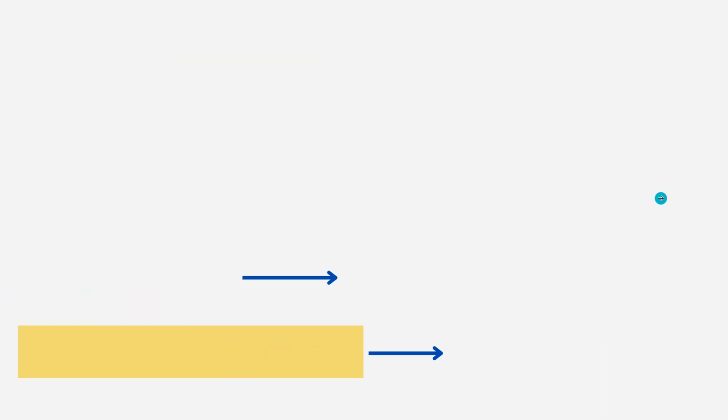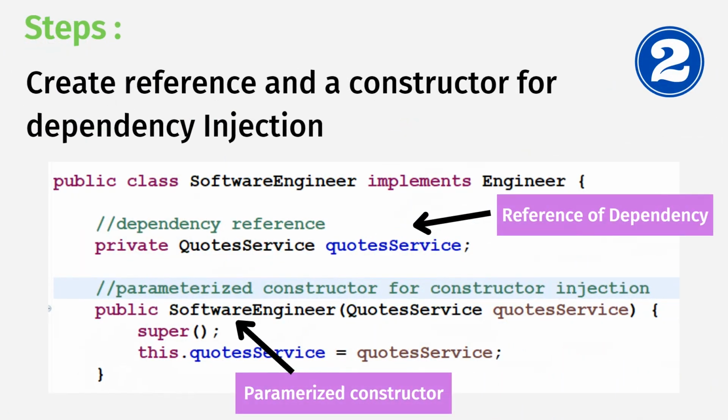The second step is to go inside the software engineer, where we have to create the dependency and also inject it. For that, inside the software engineer, we first give the dependency reference.